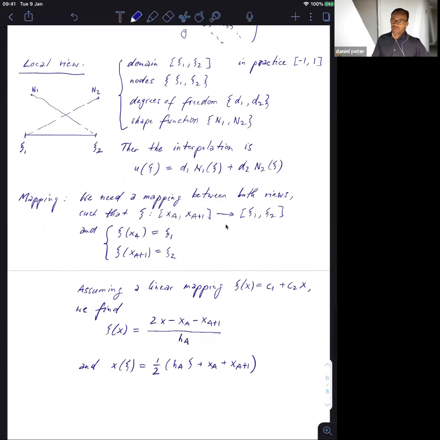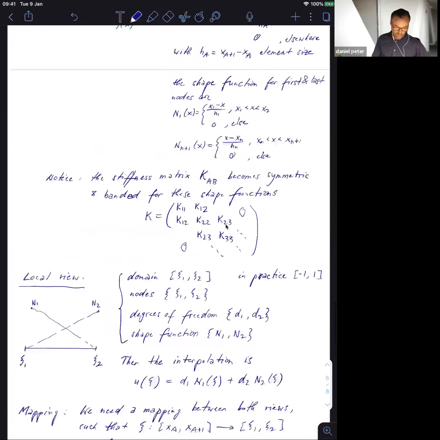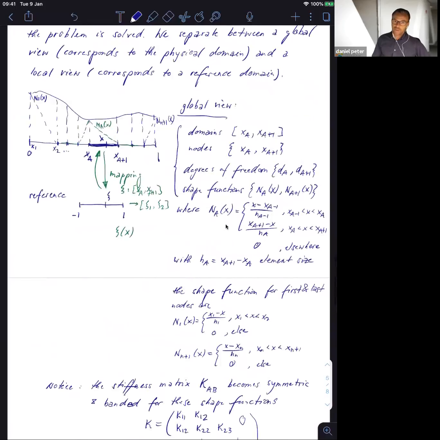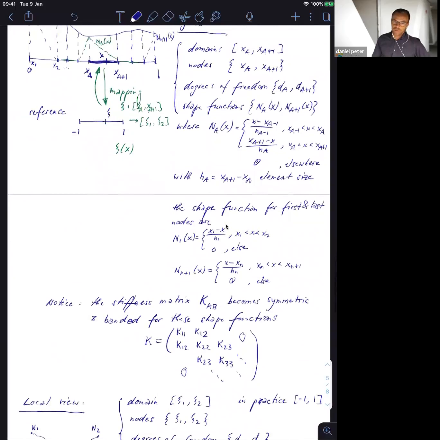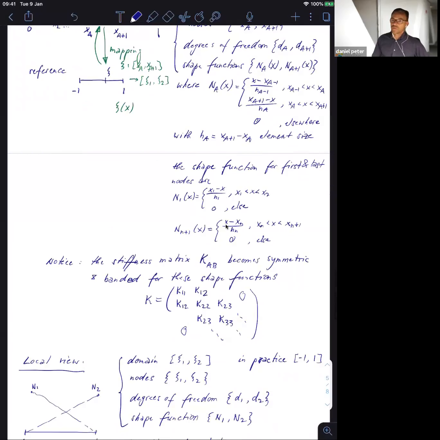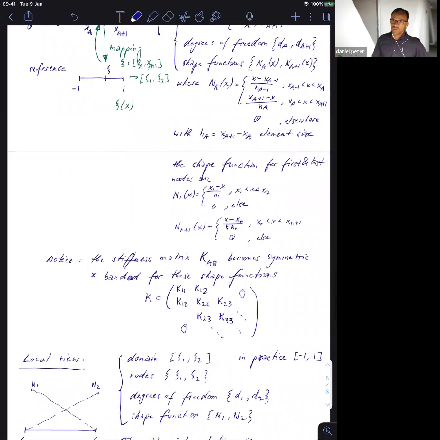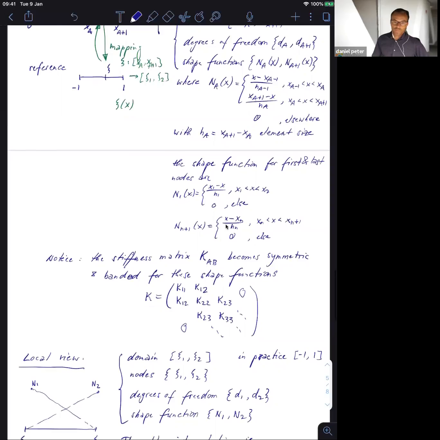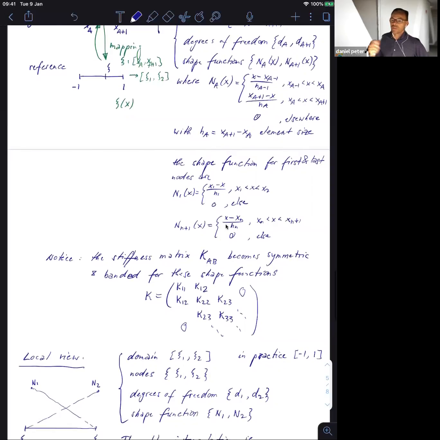It looks like we're introducing an additional complexity, but this gives us a way more convenient way of computing these terms for the stiffness matrix, for example. The goal is still the same: find these matrix expressions, find the stiffness matrix, force term, vector, and then have this linear system of equations that we can solve.